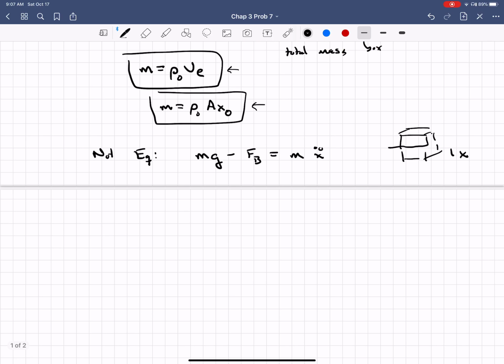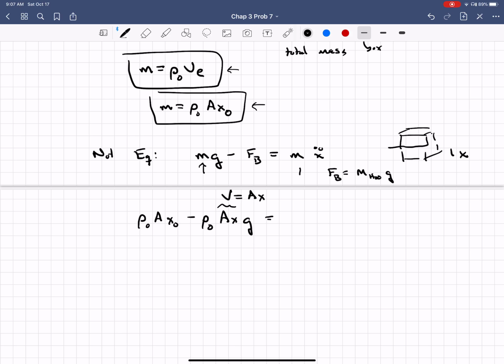For this first m, I'm going to use the second expression, so rho 0 A x0. For the force of buoyancy, I'm going to use rho 0 times A times x times g. This is now the new volume for which the box has been submerged, A times x, and so the force of buoyancy is the mass of the water times g, where the mass of the water is rho 0 times the volume that's been displaced.